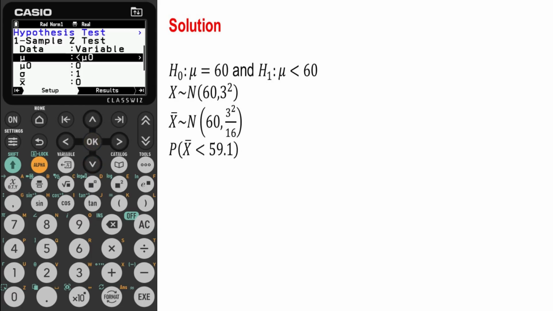Select the second option. We know that mu is 60. We know that sigma is 3. And we know we have the mean being 59.1. And we have a sample of 16.